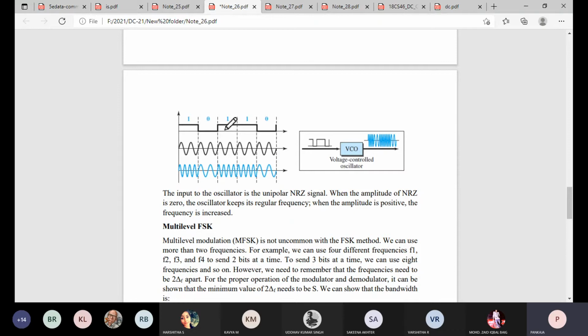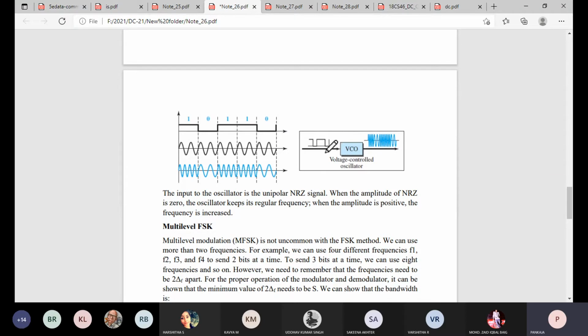If this is your input, unipolar NRZ, and this is the carrier frequency, you can see it has the same amplitude and frequency, with no change. We have a hardware unit called a voltage controlled oscillator that generates the carrier frequency. Now this frequency is modified according to the input that is coming.